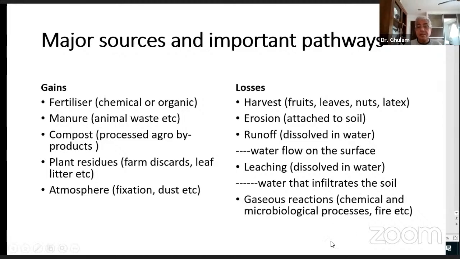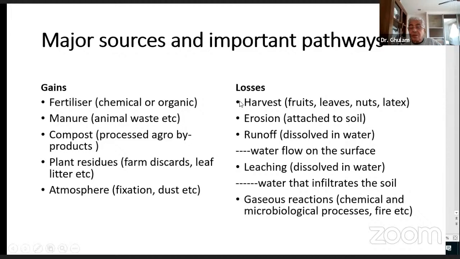Another soil process that also is responsible for the loss of nutrients from the soil is a process called leaching. This happens when there is a lot of water, either from rain or from irrigation, that is poured into the soil, and there is excess water, and this water is able to dissolve some of the nutrients.